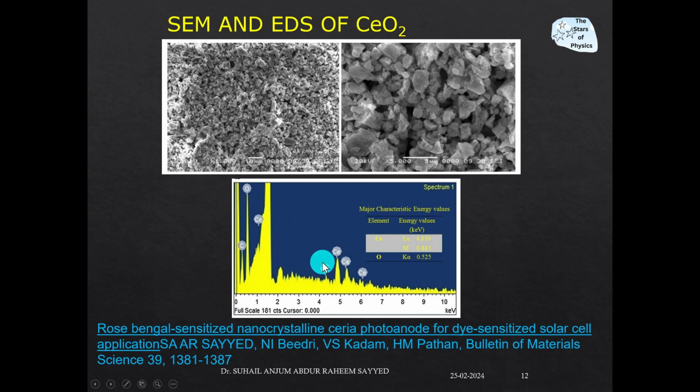Now in case of EDS, elements having smaller atomic numbers like hydrogen and helium are very difficult to detect here, because of their low energy. So those elements are difficult to detect in EDS.